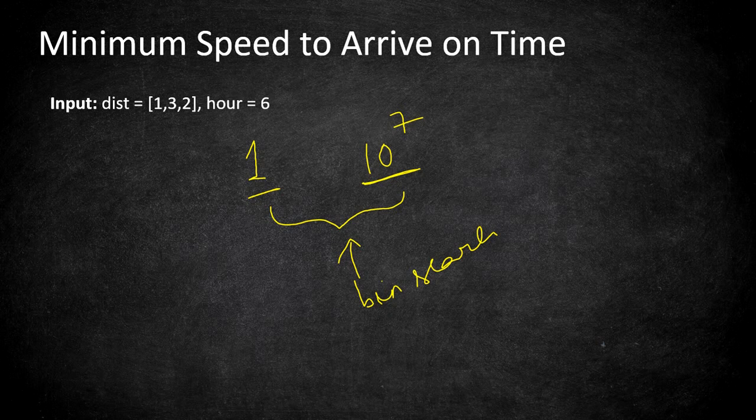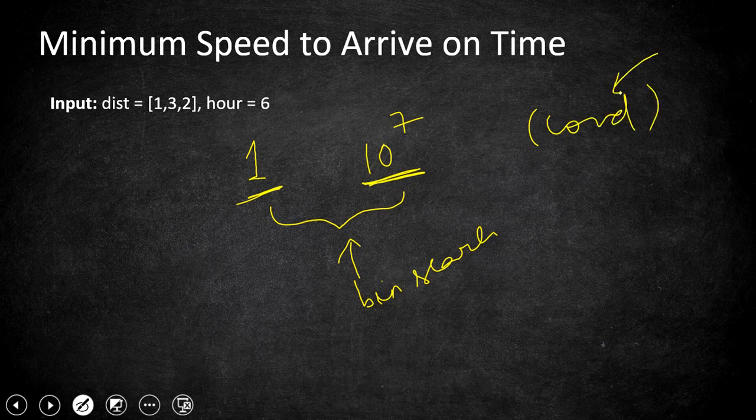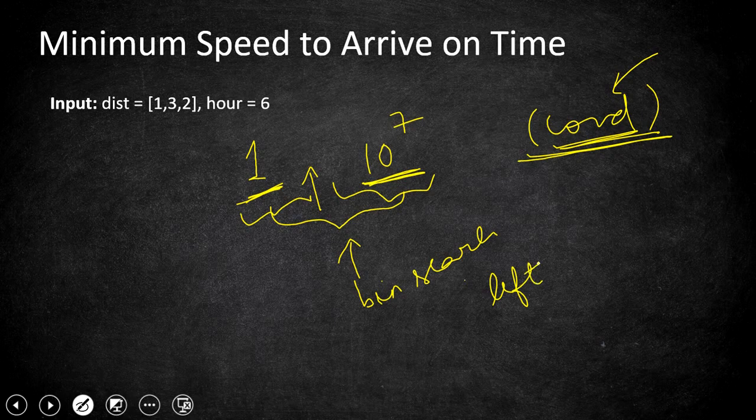So in our template we are going to fix the left and right values first, and we are going to call a condition function, and based on the result of this condition function we are going to set our limit to either left to mid or mid to right. Which is again a pretty simple logic of binary search. Based on the result of this condition function we are going to set our limit and again perform the same operation till we find our answer, and finally we are going to return left as our result.